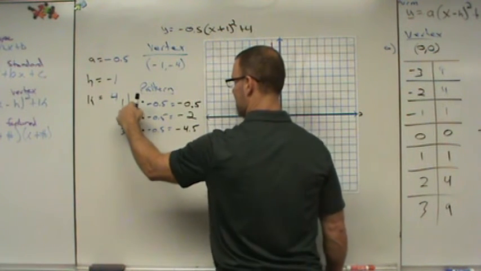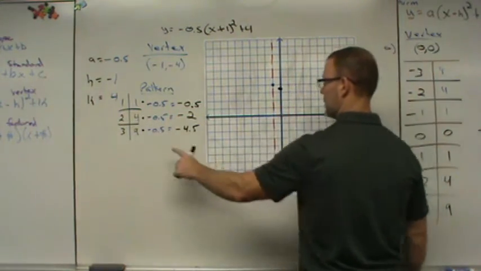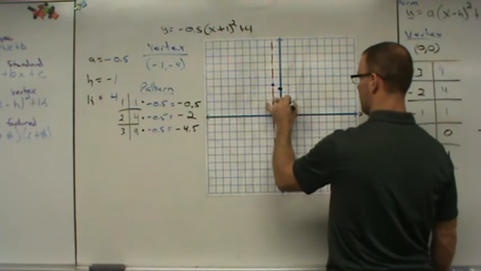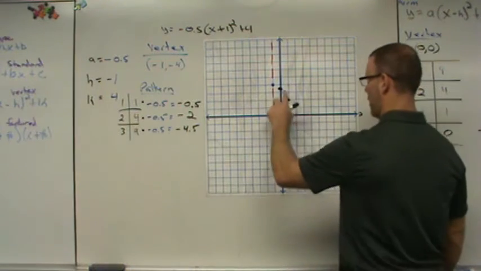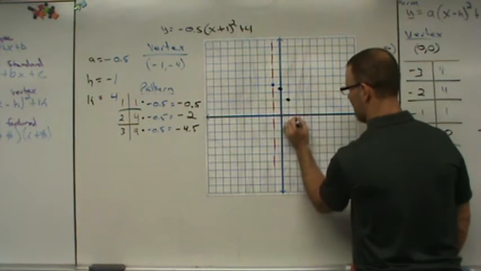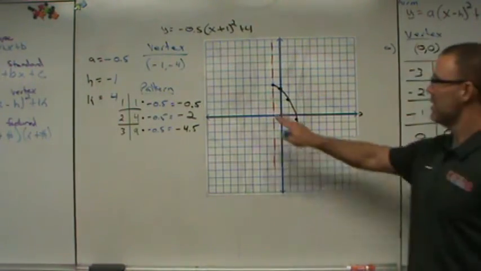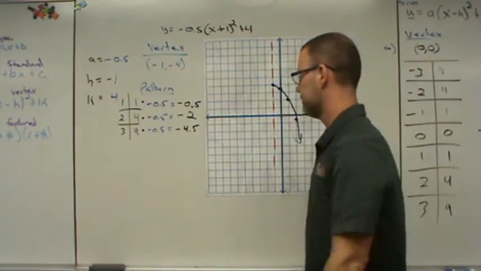Right here. Right 2, down negative 2. And right 3, down 4.5. So over 3, down 4 would be to the x-axis, down another half. There. And that should make sense because a multiplier between 0 and 1 causes that parabola to stretch.